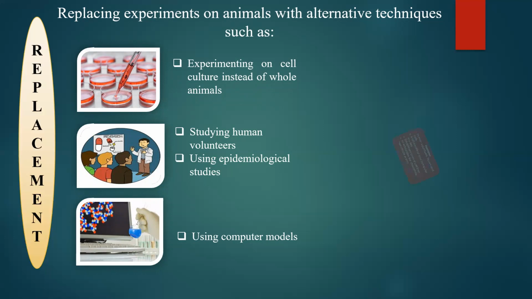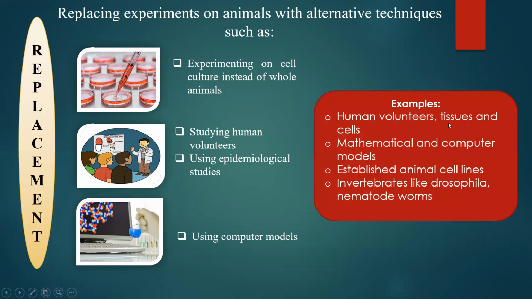Some of the examples are as follows: human volunteers, tissues and cells you can use. Then use mathematical and computer models to replace the animal. Establish animal cell line studies, and invertebrates like Drosophila, nematodes, and worms can also be used.